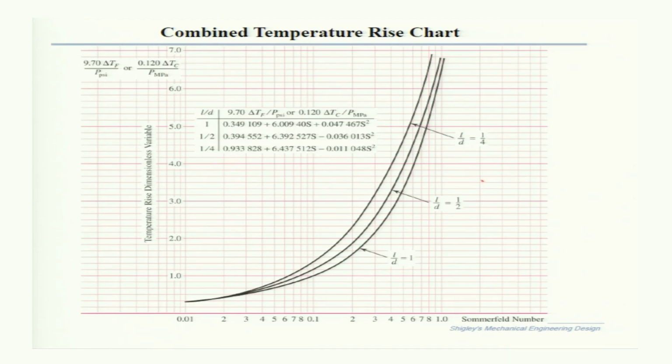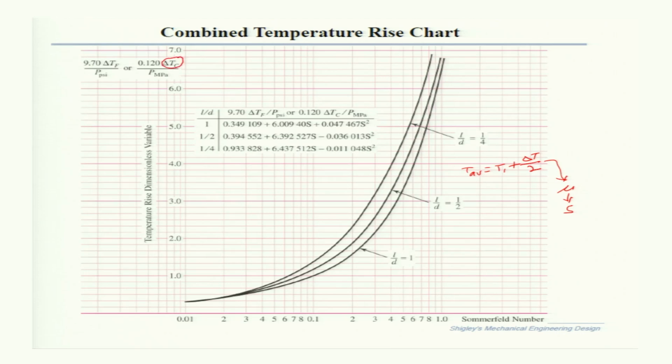For that we had taken T average as equal to T1, the inlet temperature, plus delta T divided by 2, and corresponding to that we got the value of mu, and corresponding to that we got the Sommerfeld number. Now, this Sommerfeld number will be used here to get the new value of delta T.